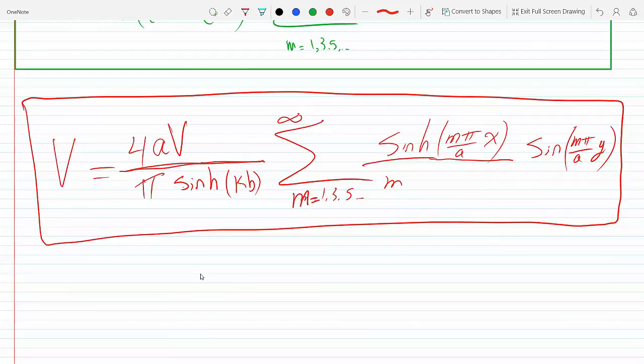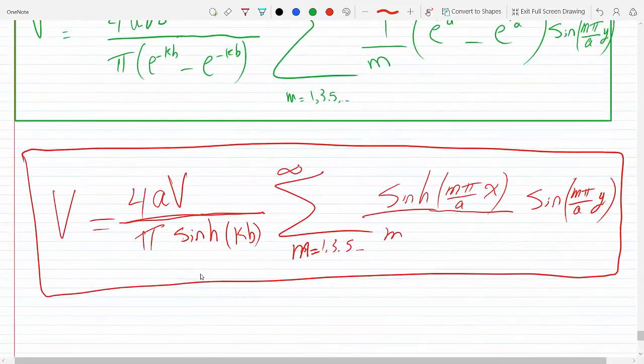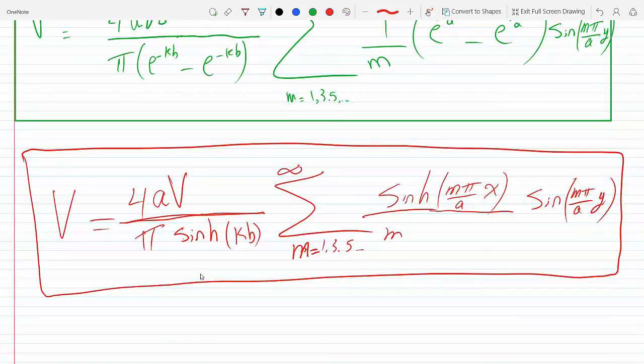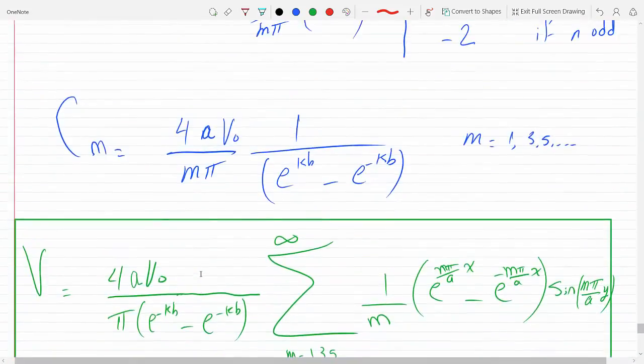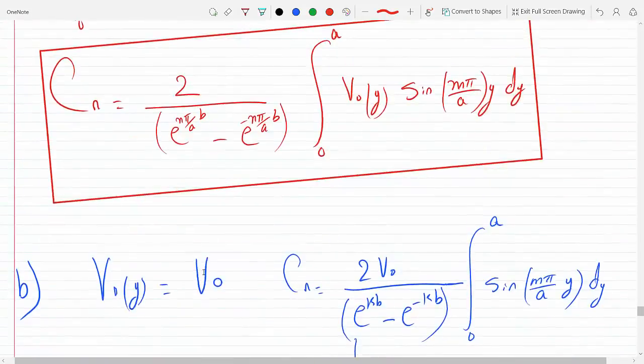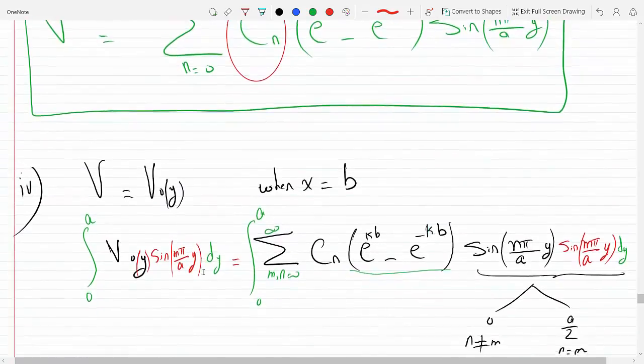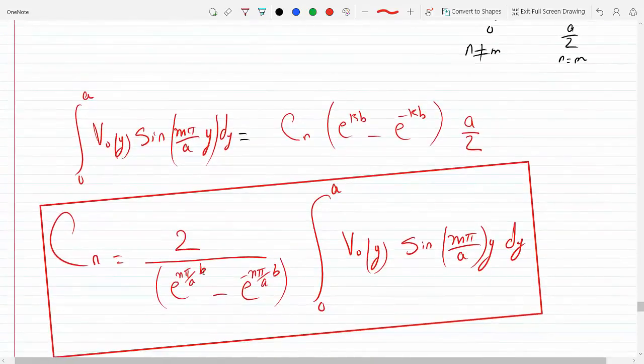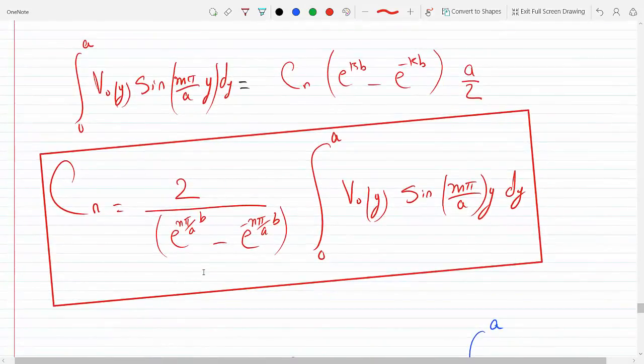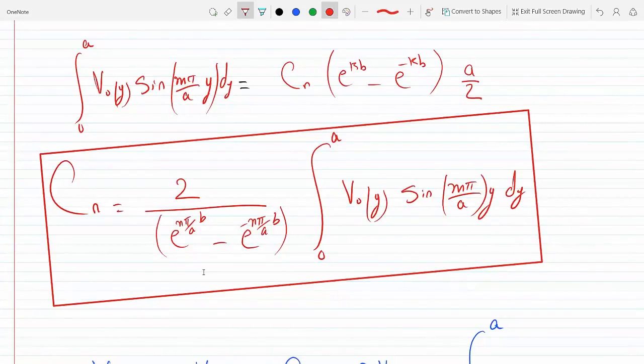Okay, there is an A in this final answer, which makes me a little suspicious. 1 second. There was an A when we integrated the average 2 over A. Where was it? Here it is, A over 2. So when we solved for n, we're supposed to multiply by 2 over A. Here it is.